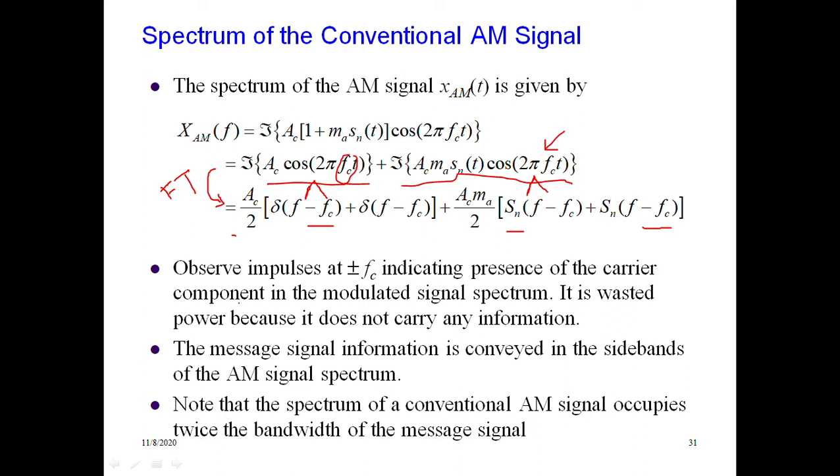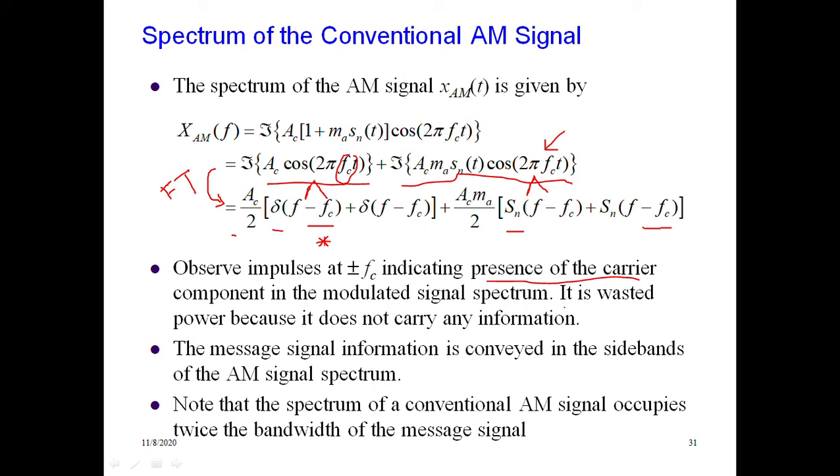Okay, when we see this extra from the DSB signal, we'll see an impulse, because delta is an impulse at plus minus Fc, so it will represent the carrier. So this will represent the carrier in the modulated signal spectrum.